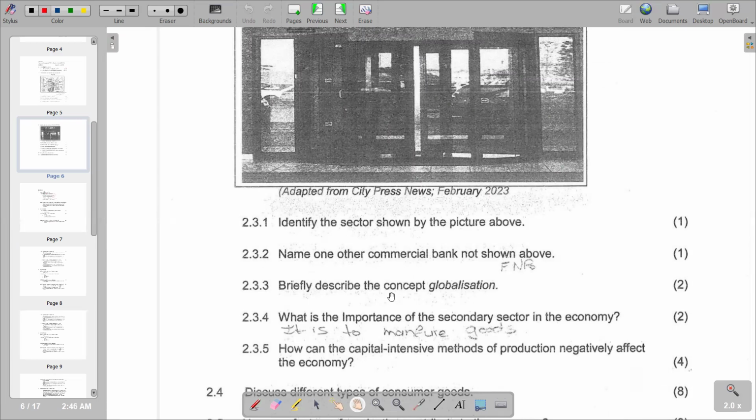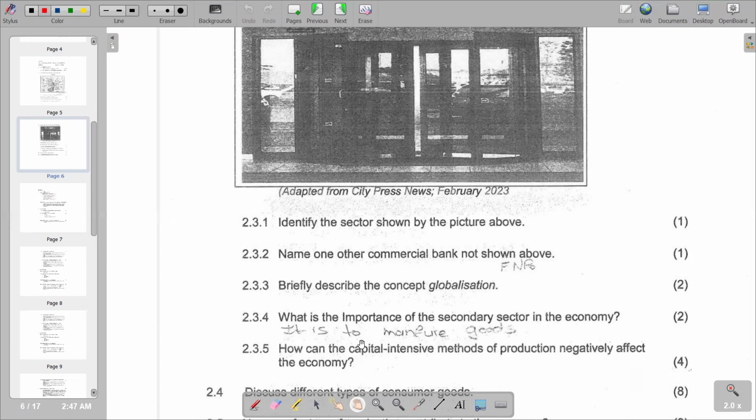Its importance is that if you have higher activity in that sector, we are also going to see macroeconomic positives. We're going to see unemployment going down, as more goods and services will be produced, and more workers being accommodated in businesses or companies. So that's the importance of the secondary sector.